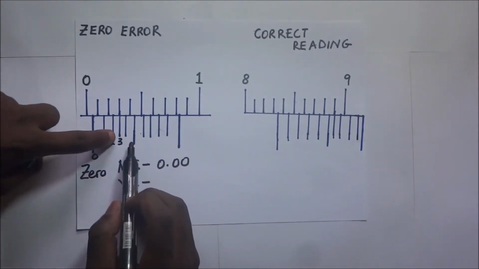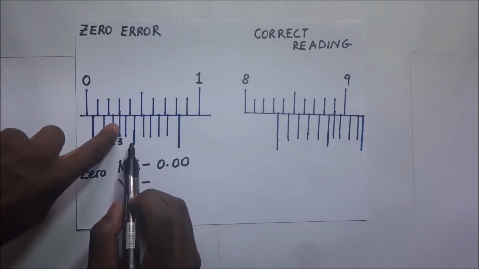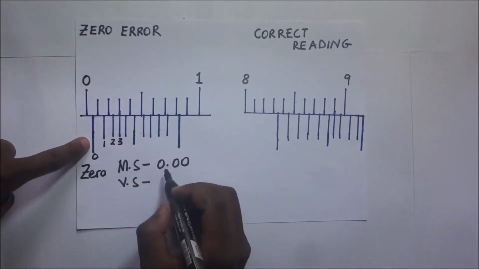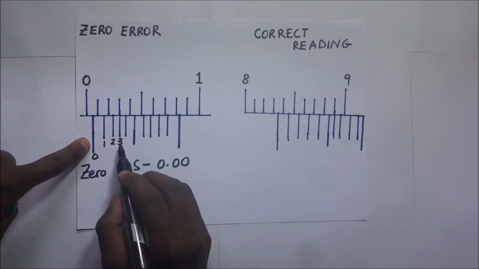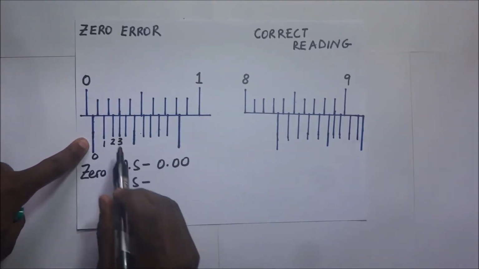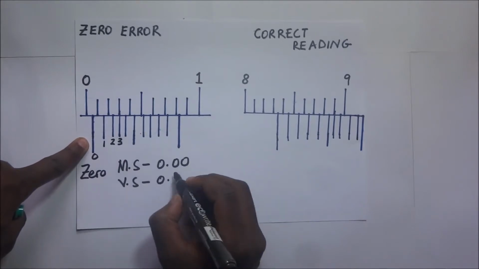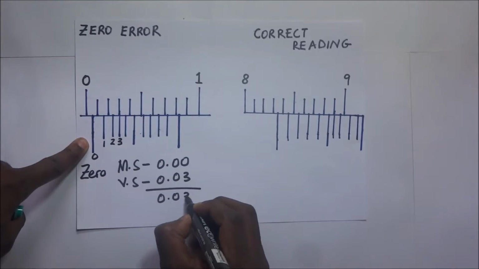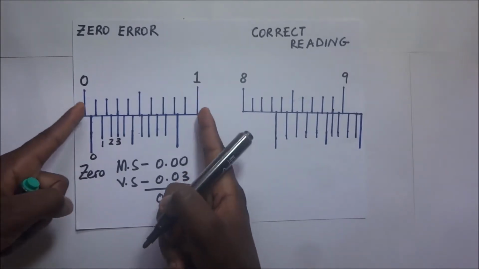So it is the third graduation on the vernier scale that is the first one to coincide with a graduation in the main scale. So this becomes 3 times 0.01, because the vernier scale gives us the second place of decimal, which is 0.03 centimeters. That is our zero error.